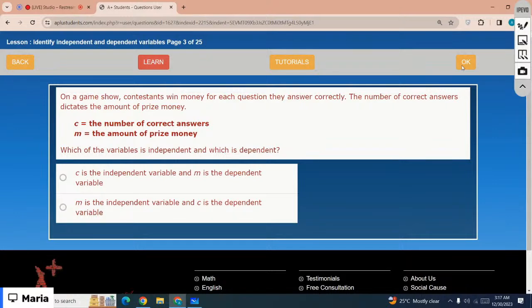The more questions you answer correctly, the more prize money there will be, right? So which is the correct option?